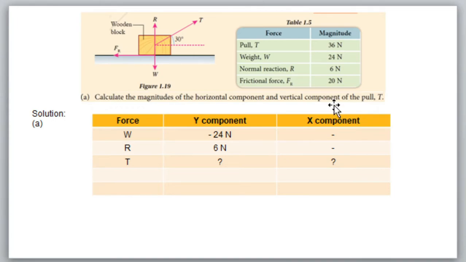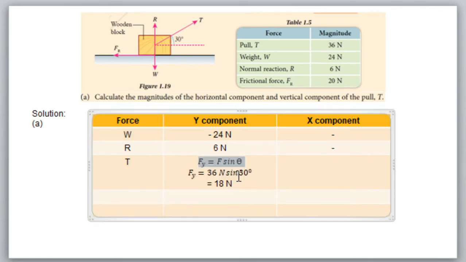So horizontal is the x component, vertical is the y component. So for pull T, for the y component, F sine theta, so the force F is 36 Newton and the angle is 30 degrees, so the answer will be 18 Newton.